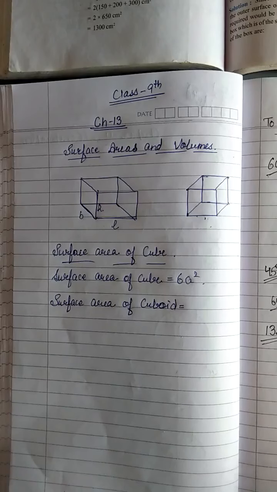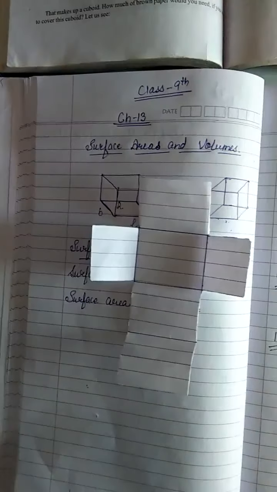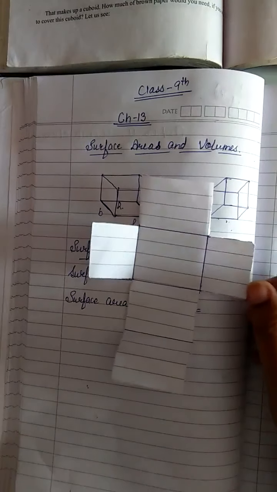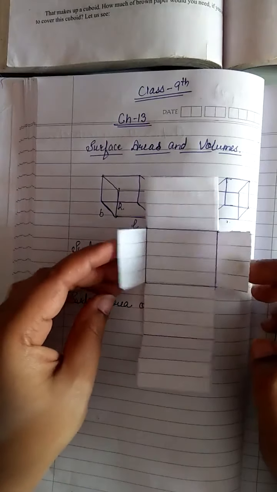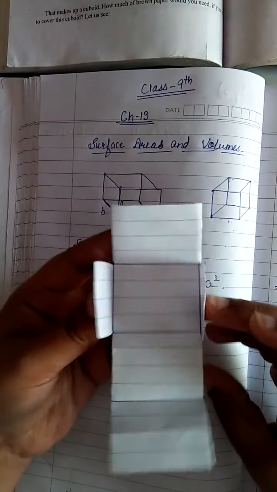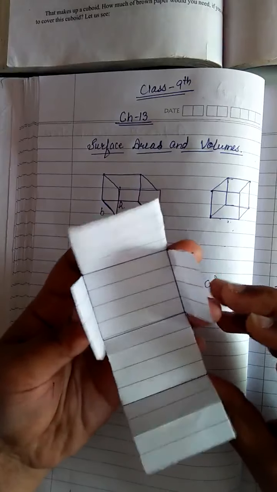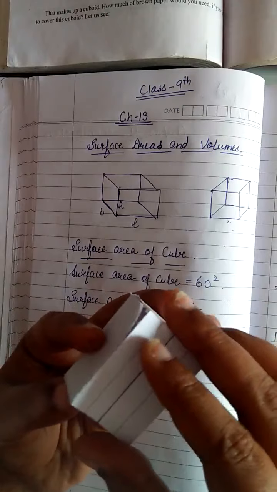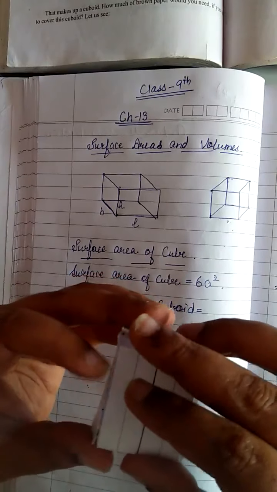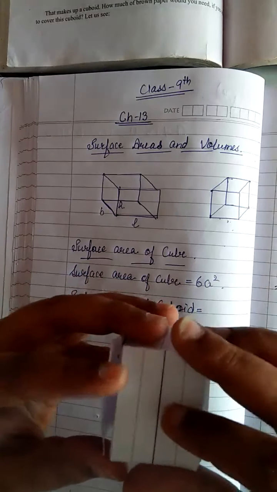Similarly, we can find the surface area of a cuboid. Let us take an example. As you see, we have the net of a cuboid. When we join it, we get a cuboid.